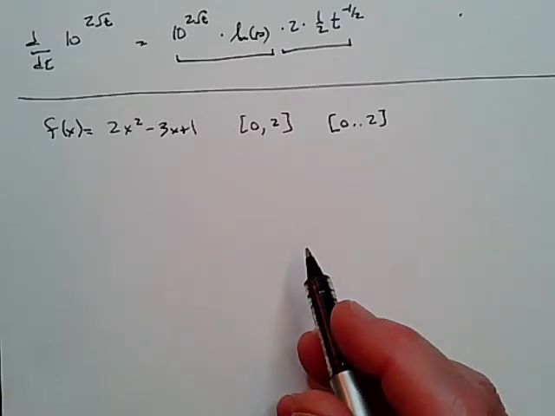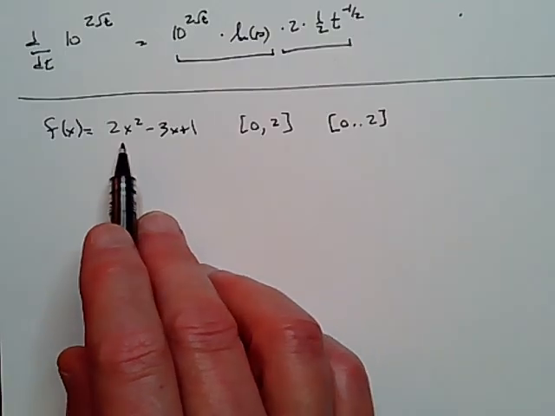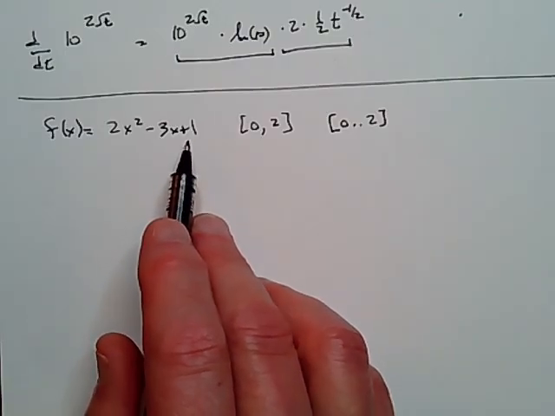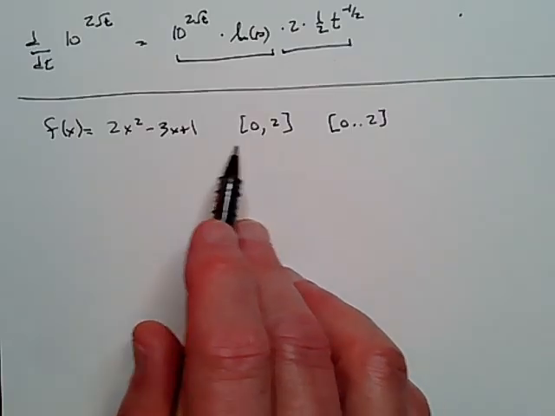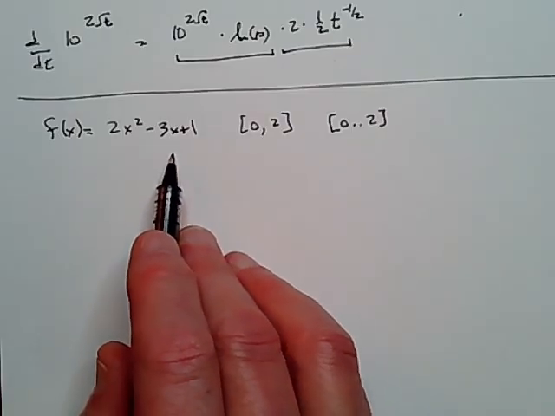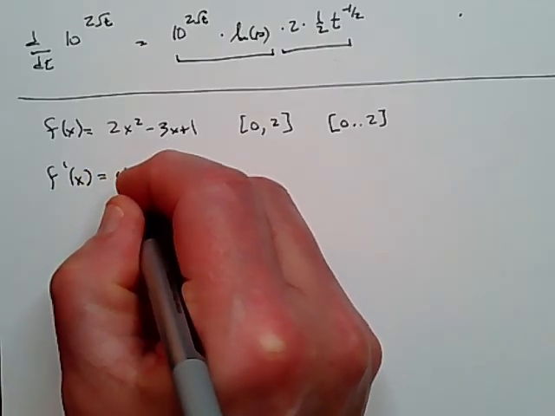So continuous everywhere. There's no dividing by 0 or square root of a negative number. So continuous everywhere and differentiable everywhere. So never mind the open interval 0 to 2, differentiable everywhere. And then, of course, f prime of x is 4x minus 3.